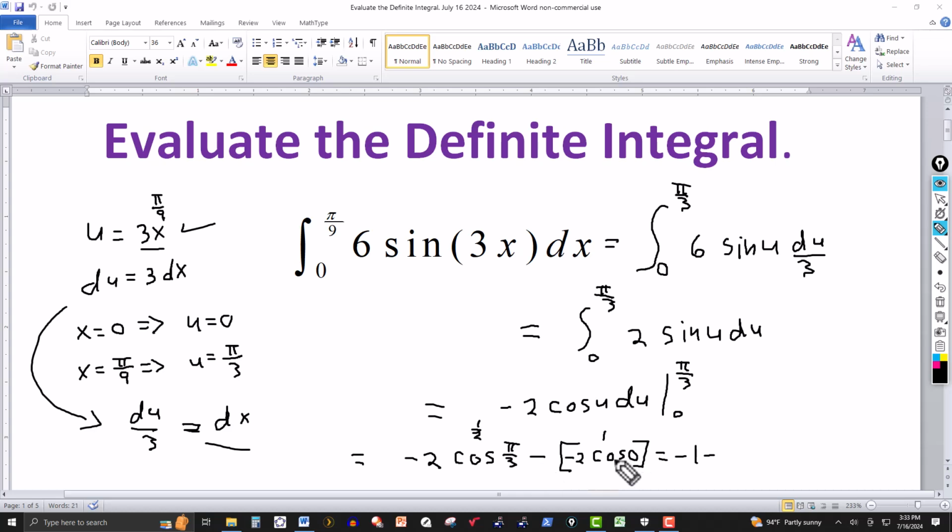Cosine of 0 is 1 times a negative 2 is a negative 2. But then you have a minus, so it makes it a plus 2. You'll get negative 1 plus 2 is 1. And that's the value of the definite integral.